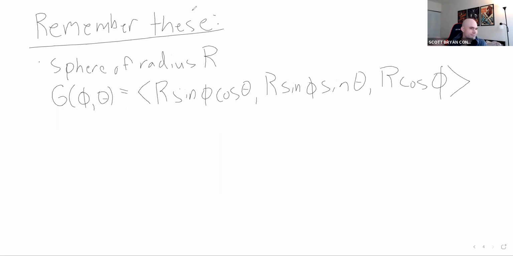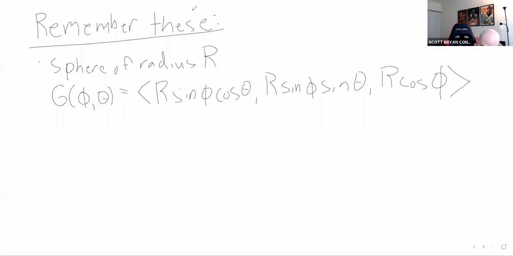The bounds for phi and theta depend on whether you're getting the entire sphere or just a hemisphere or some other piece of the sphere, but you can figure out the bounds.